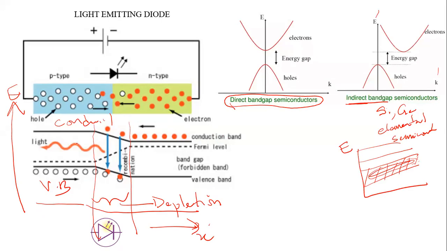But when we study the electronic band structure of actual material, this is the kind of simplified band structure we can have. Like in silicon and germanium and all these elemental semiconductors, the band gap is the energy gap between the valence band and the conduction band.